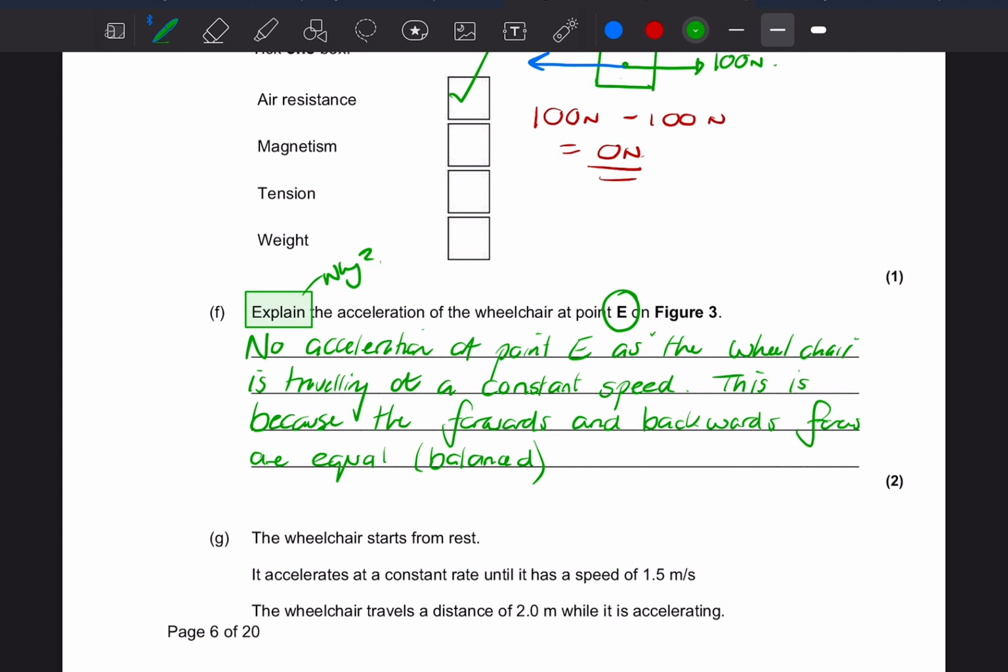So the overall resultant force is 0 newtons. And if you have 0 newtons of force, then you can have constant speed. So the car will either stay going at the same speed if it was already moving, or if it was stationary to start with, it won't move at all.